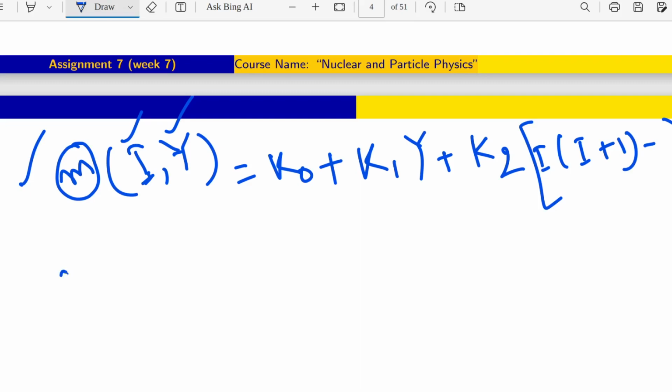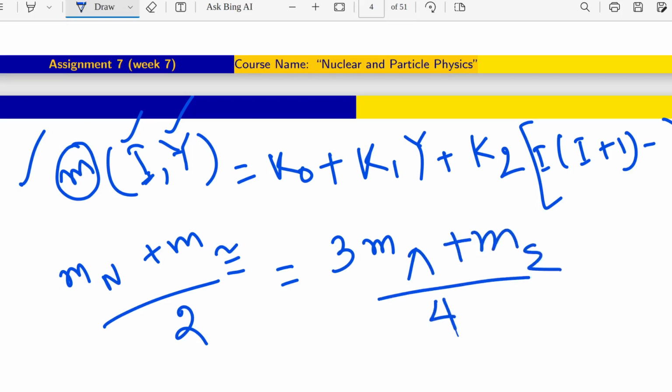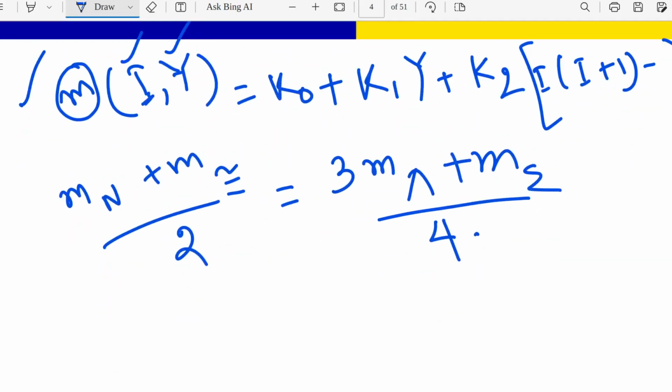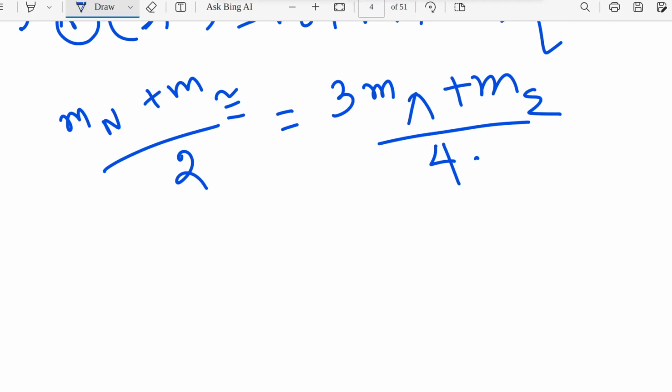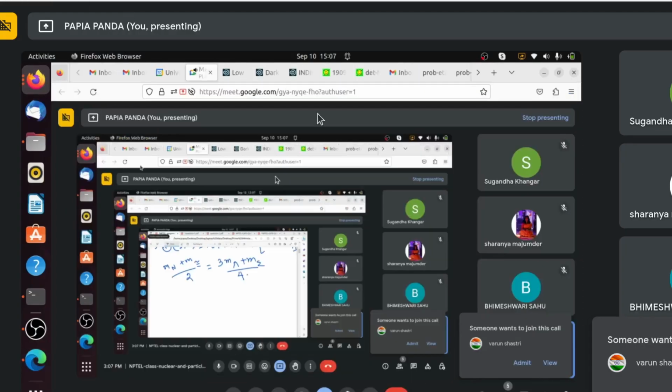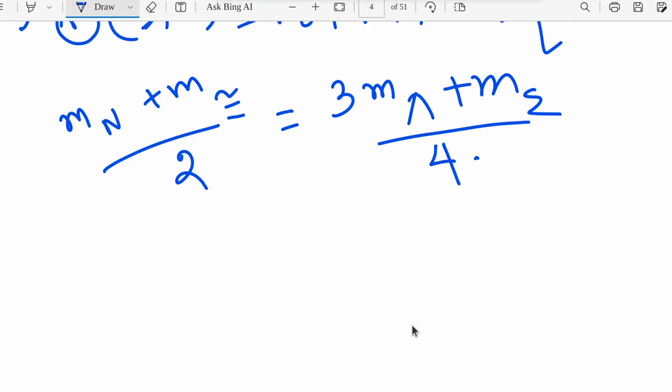Okay. So the expression is (Mn plus M xi) divided by 2 equals (3 M lambda plus M sigma) divided by 4. If you know the expression, then obviously, in that question, what are they asking?